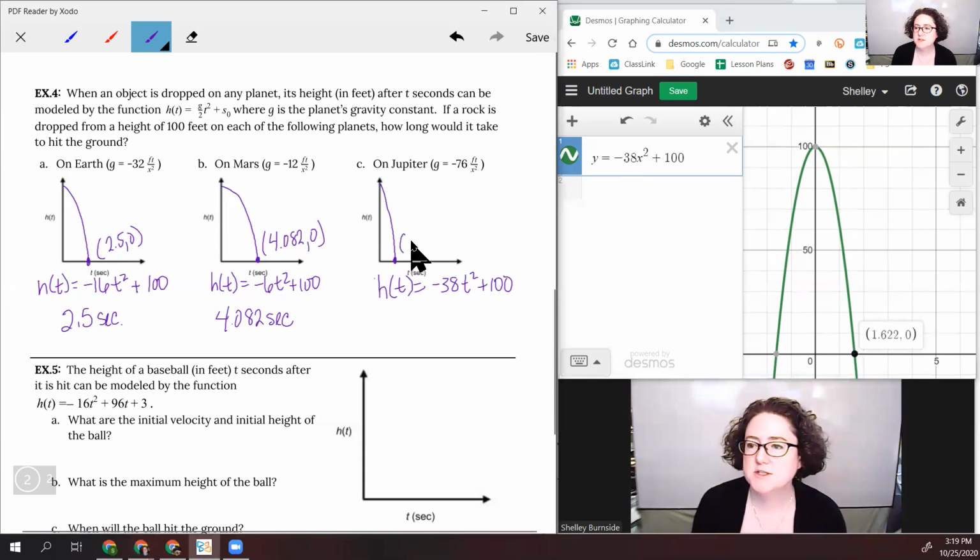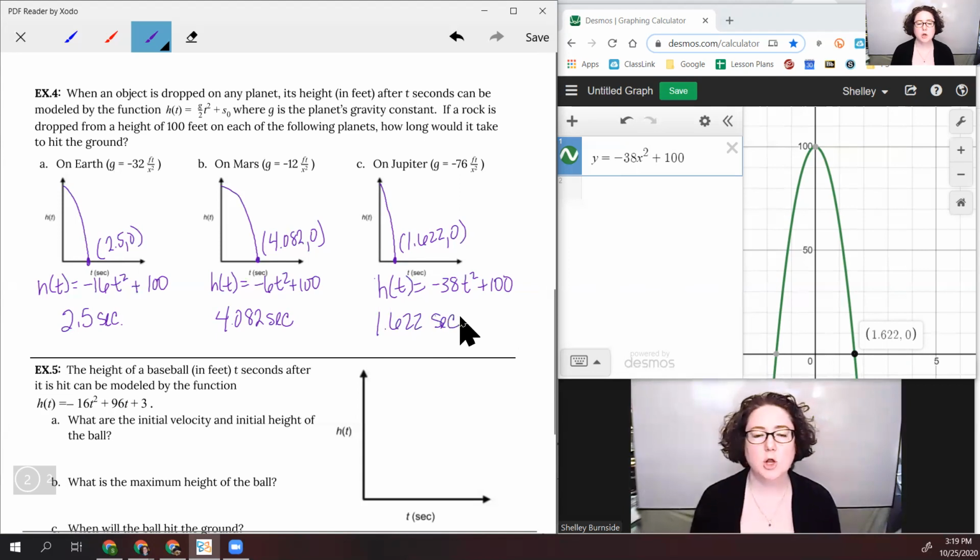So our x-intercept on here is 1.622. And so that means it's going to take 1.622 seconds. Again, the larger the planet, the bigger constant of gravity. In other words, things are pulled to the ground faster. So the biggest planet has the smallest amount of fall time.